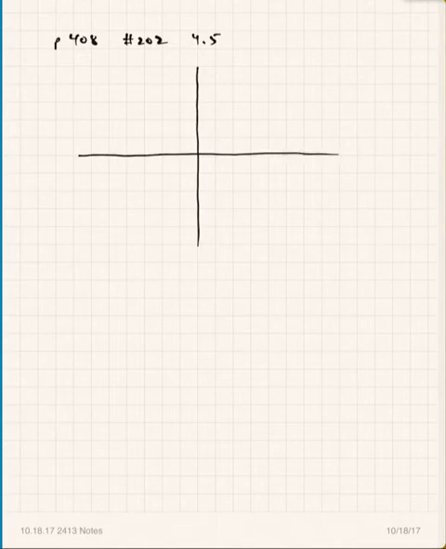So this graph crosses the x-axis at -2, and then -1, and then at 0 again, and then at 1 again. So it's really kind of crowded in there. And you get this graph of the derivative function.